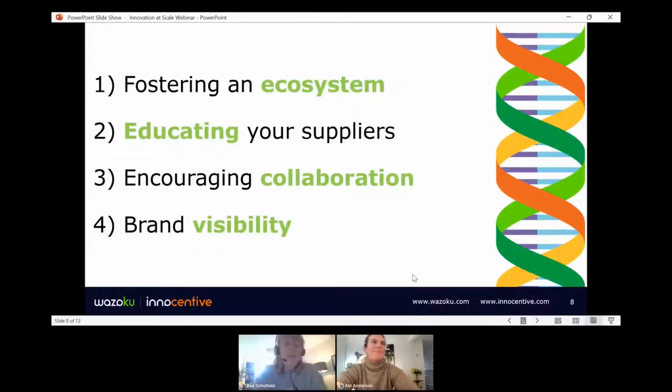Fab, thank you. So just to touch on some of the things that were raised in that particular example, this is around fostering an ecosystem, not just being passive, but actually educating suppliers, encouraging that collaboration, and really importantly, driving brand visibility.